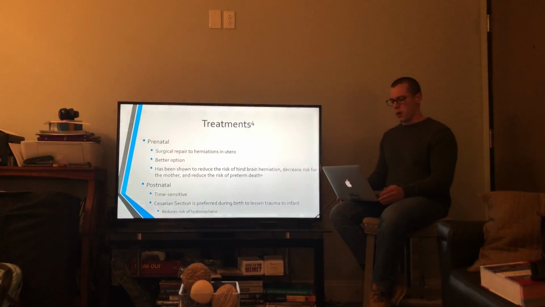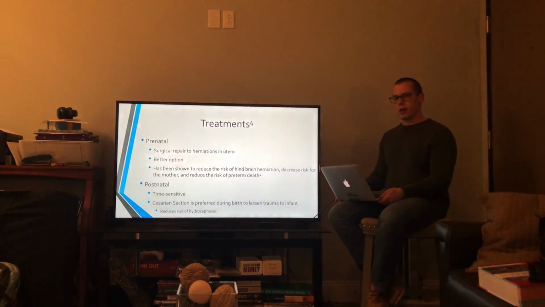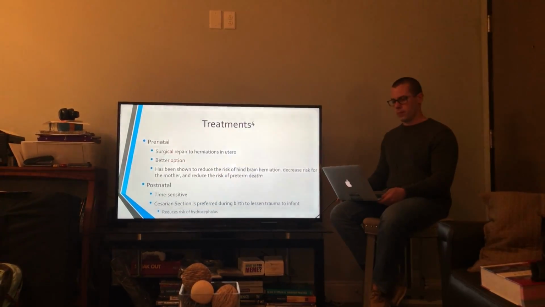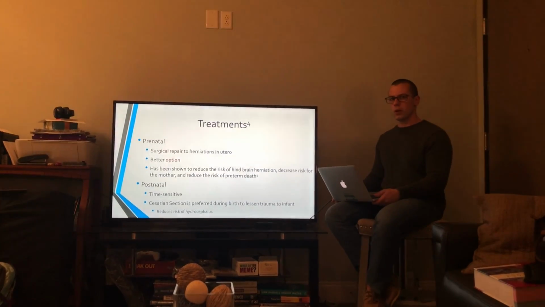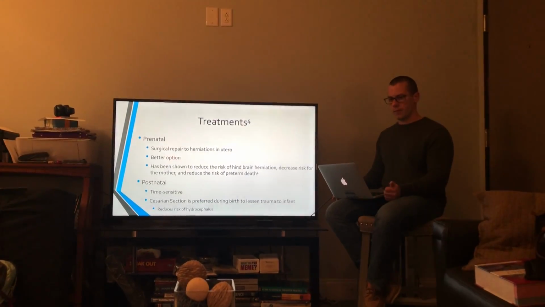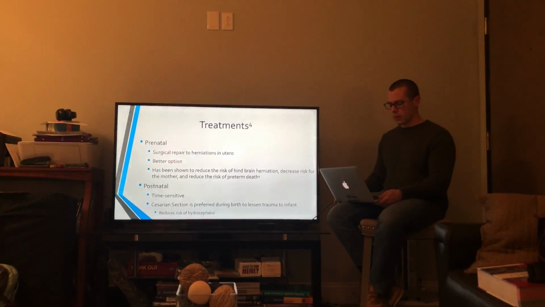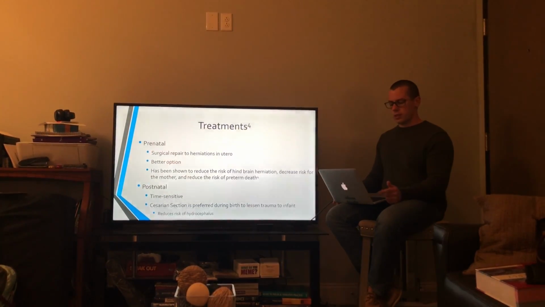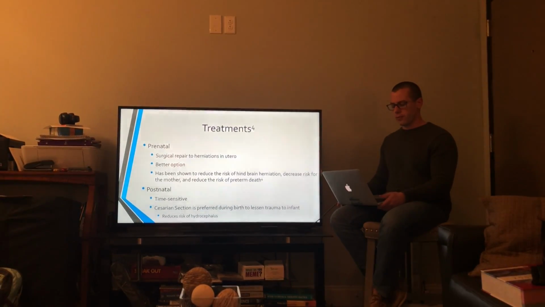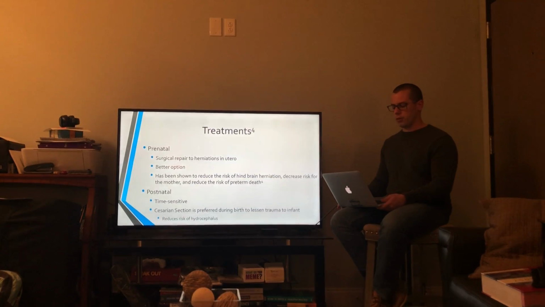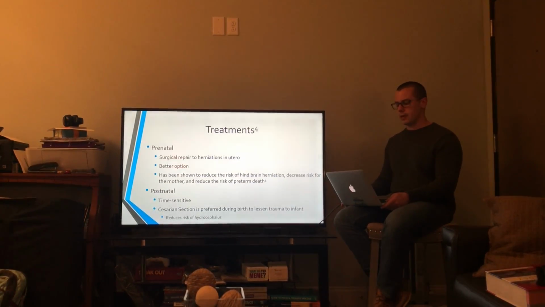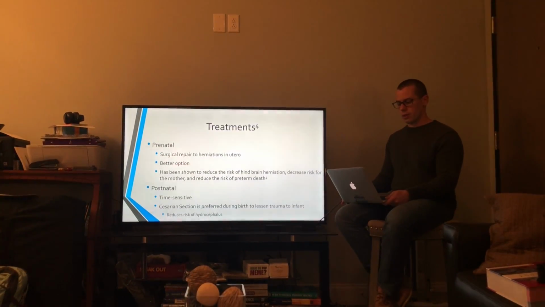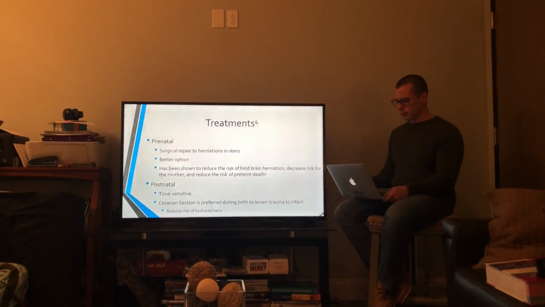And the postnatal treatment is really time sensitive because the closure of the spinal cord is crucial, so there's no infection or further degeneration. And the cesarean section is the preferred method of birth to lessen the trauma to the infant and actually reduces the risk of hydrocephalus.